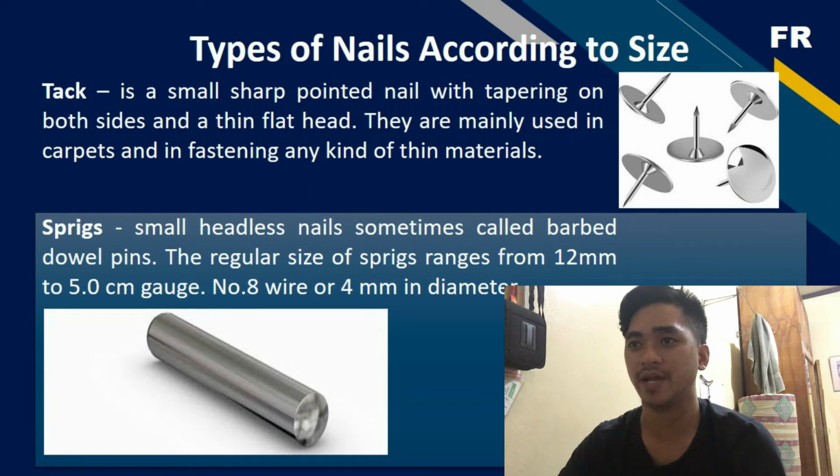Next one is sprig. A sprig is a small headless nail, sometimes called barbed dowel pins. The regular size of sprigs ranges from 12 millimeter to 5 centimeter, number 8 wire gauge or 4 millimeter in diameter.